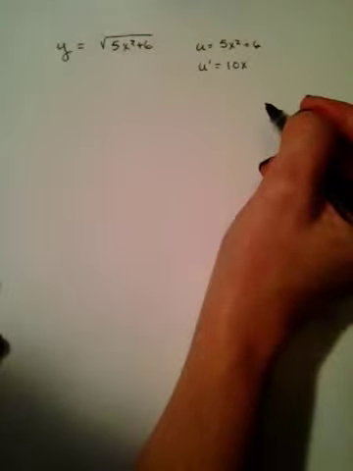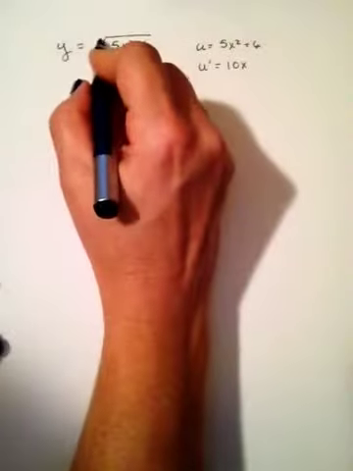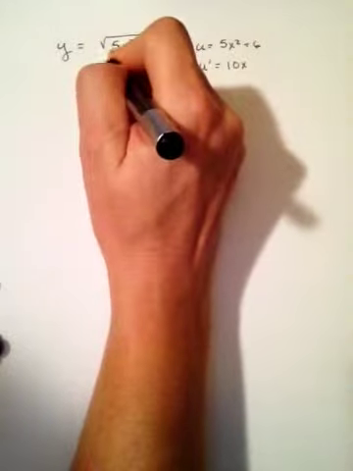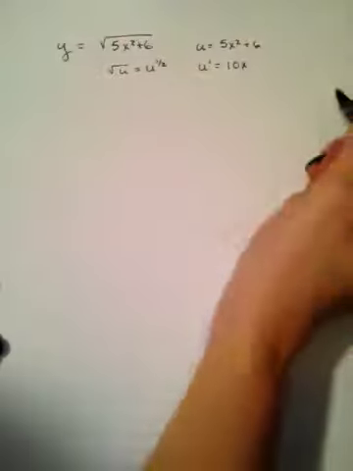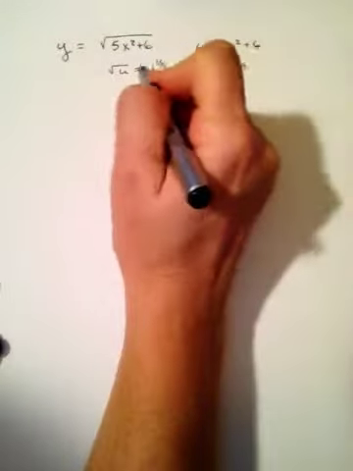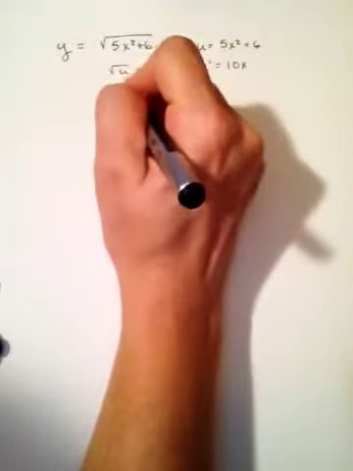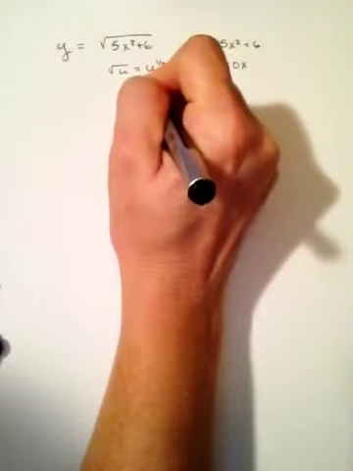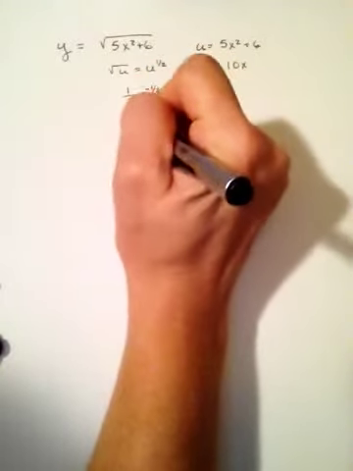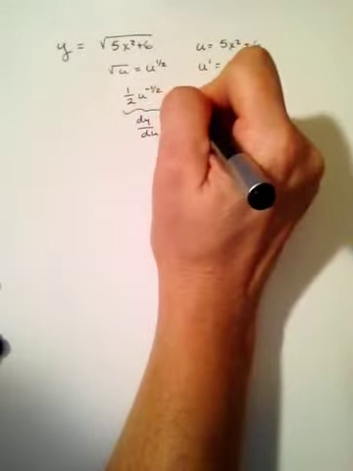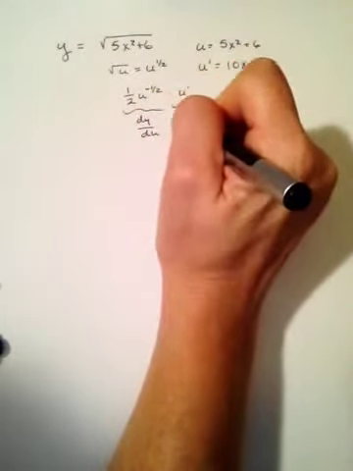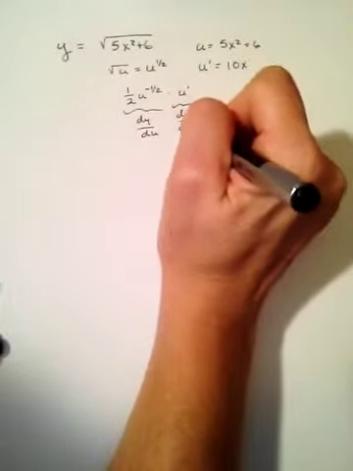Now I rewrite my function in terms of u. The u is inside a square root, so I could say it's the square root of u, which I know is equal to u to the 1/2 power. I'm going to take the derivative of this to get my dy du, so it's 1/2 u to the negative 1/2. This is dy du. I'm going to multiply it by u prime, which is du dx.